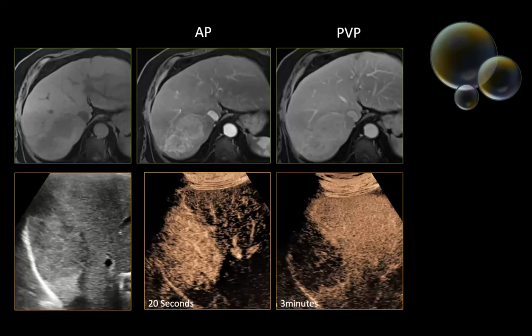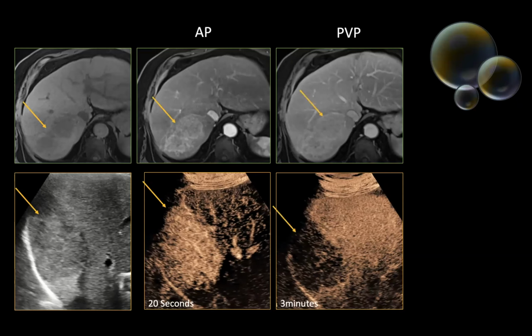Now, if we look at that MR with the CEUS, we can see that the big mass is confirmed on the unenhanced images of the MR and the ultrasound. In the arterial phase, we have that hyperenhancing mass, again, on MR and on CEUS.